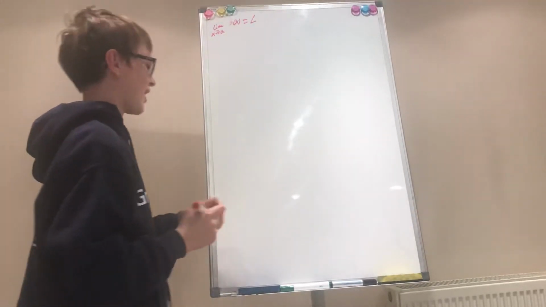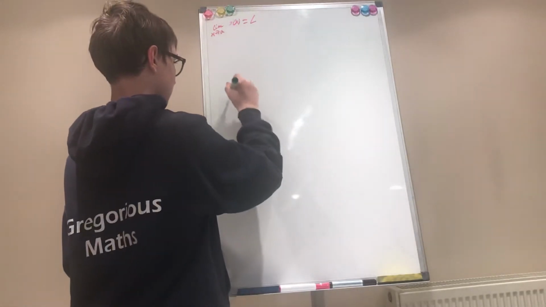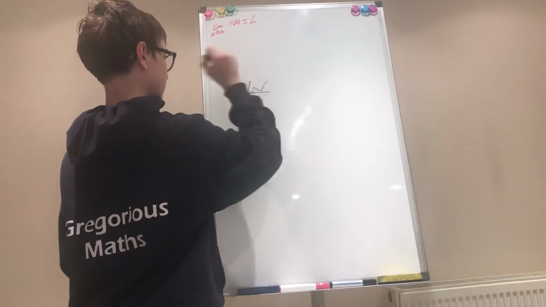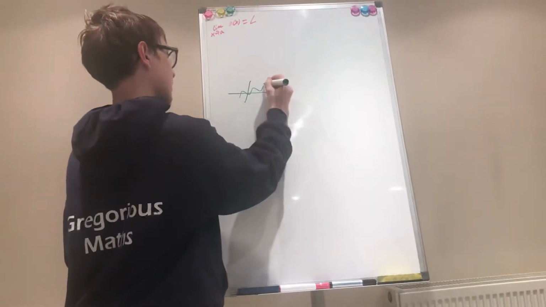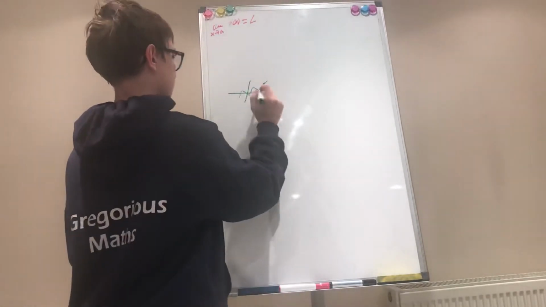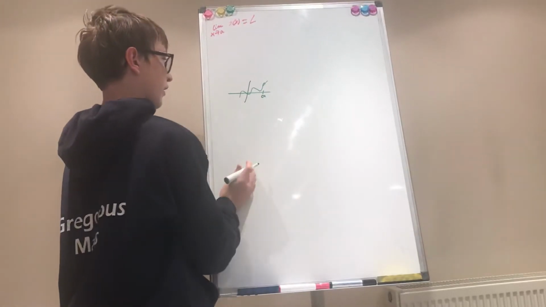So what this is saying is, say we have our f of x, which looks like this, okay? So we have some point L here. That's L, okay? Now we have our A here, right?